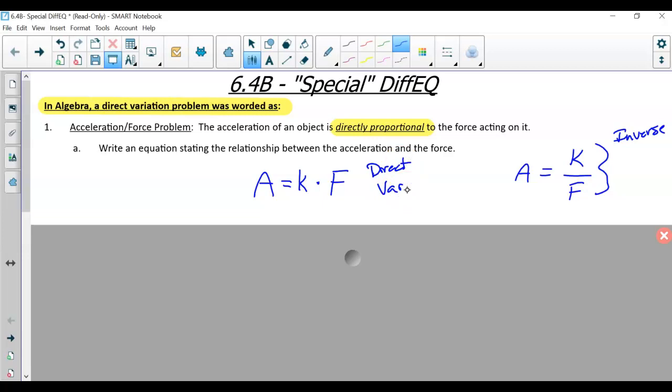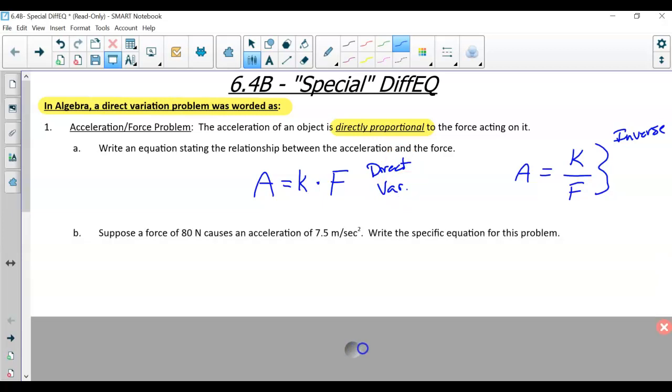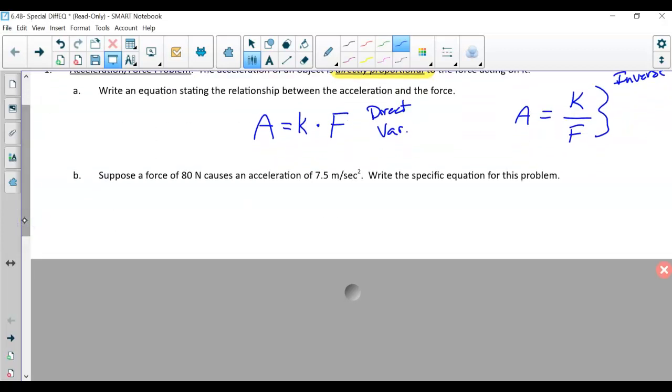I don't want to get too tangled up in here, but back in Algebra 1, when we related two variables, the k is like the slope in a direct variation problem. But suppose a force of 80 newtons causes an acceleration of 7.5 meters per second squared. Write the specific equation for this problem.